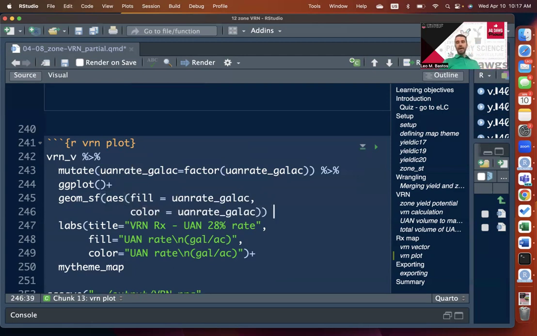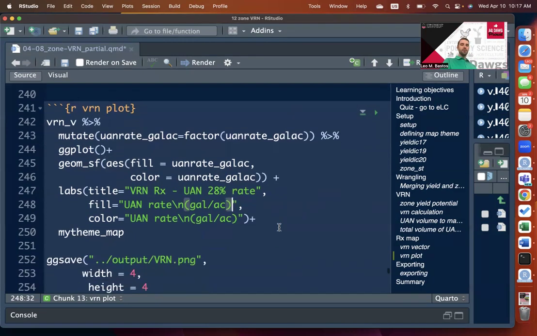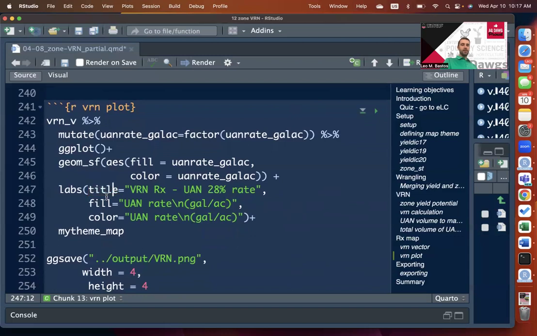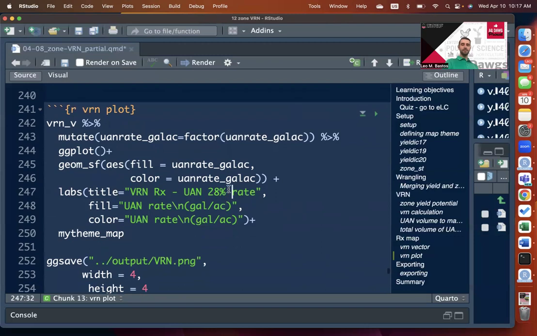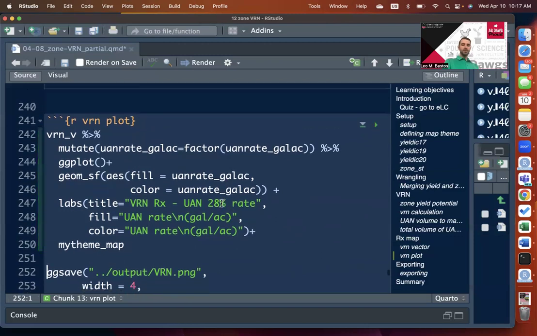After that, make sure you add a plus to connect with the remaining code there, where I'm just giving a title and then changing the title of the legend to say UAN rate in gallons per acre, and then applying the theme map object that we created at the beginning of the script.